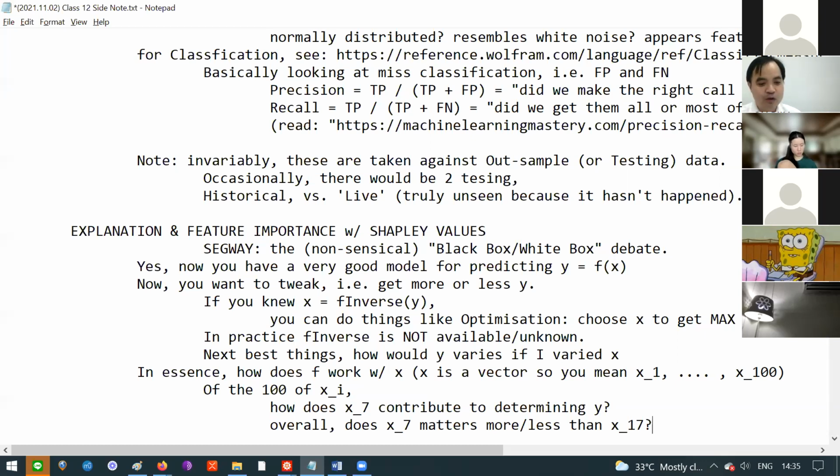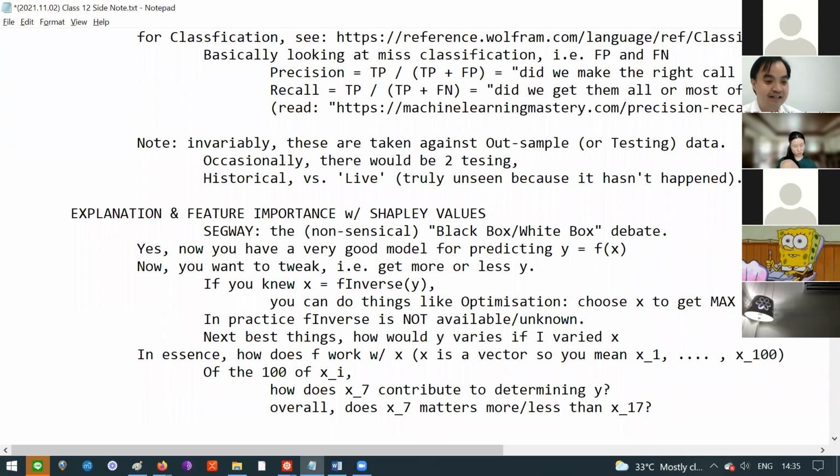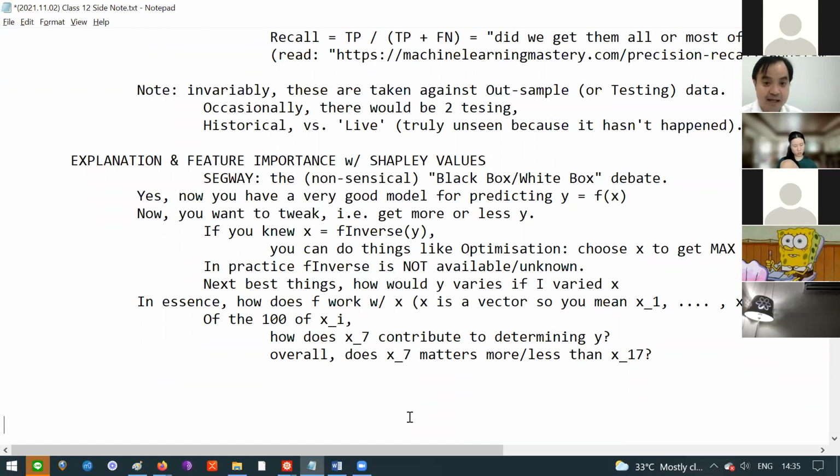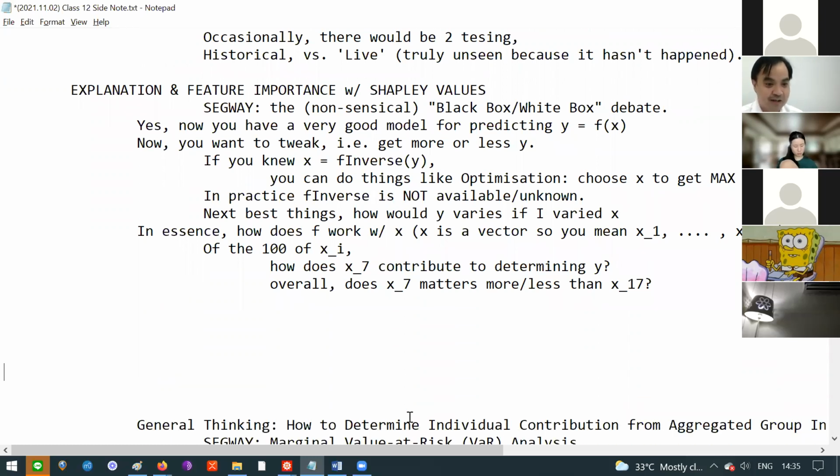Ultimately you want to ask about what's called feature importance. Feature importance. And this is where it gets to a very, very powerful tool called Shapley. You see this question here, right? So basically you have bunches of X's. You want to know how an individual X affects the outcome, and does it really matter?